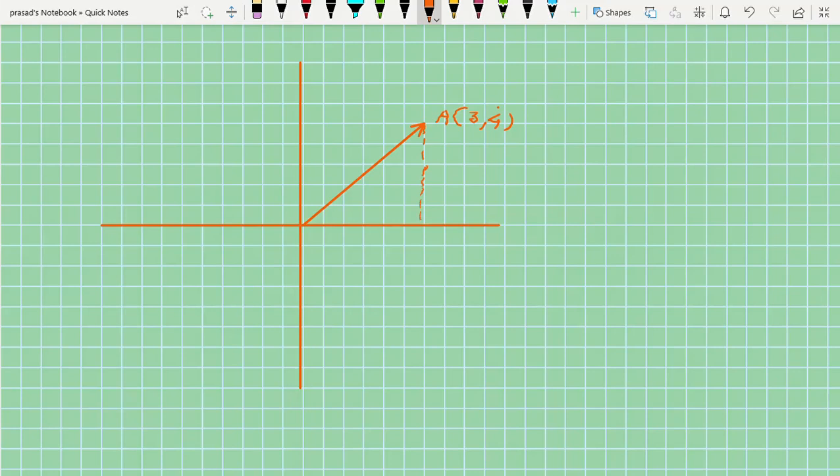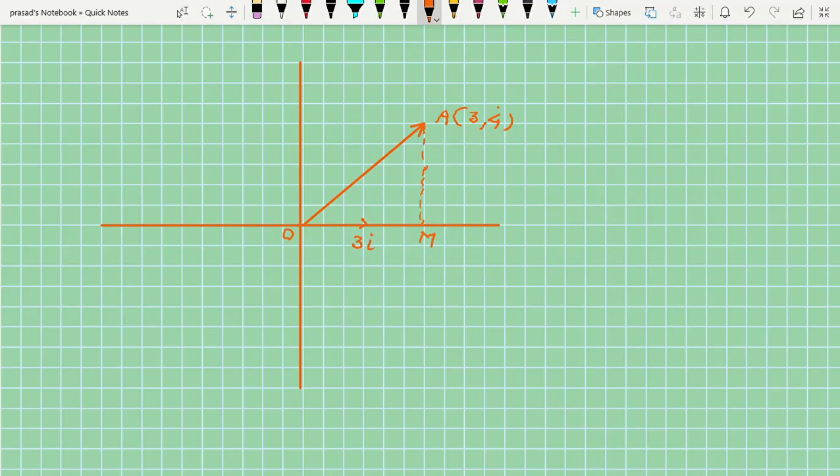Suppose this is M, this is O, and since i is the unit vector in the positive x direction, the magnitude of OM is 3. So vector OM, I can take as 3i.